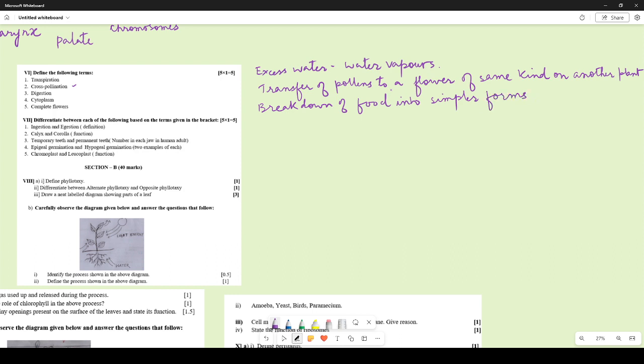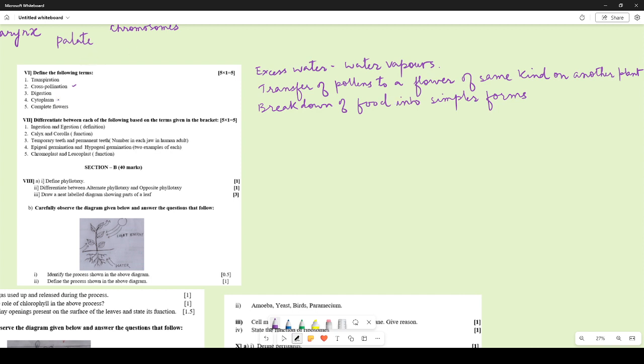That is what the digestion is. Some of you have also written with the help of enzymes or digestive juices. That is absolutely correct. Some have written it is breaking of food or converting of food into simple forms or smaller forms with the use of digestive juices. I have given you the marks over there.